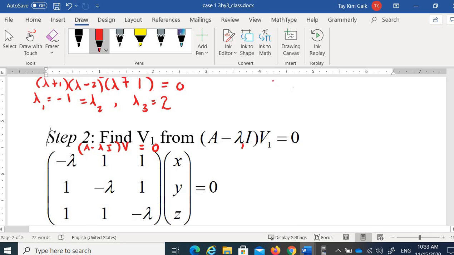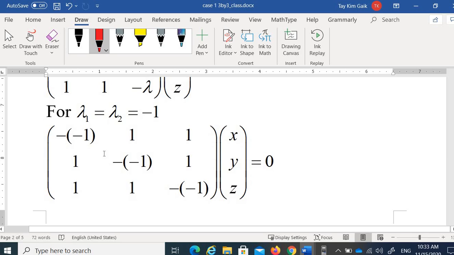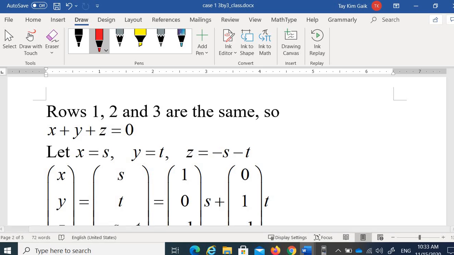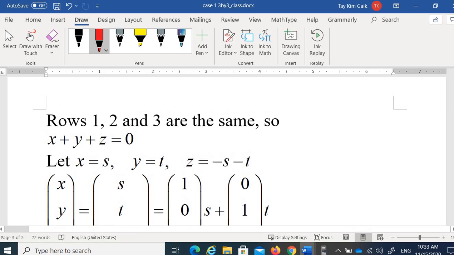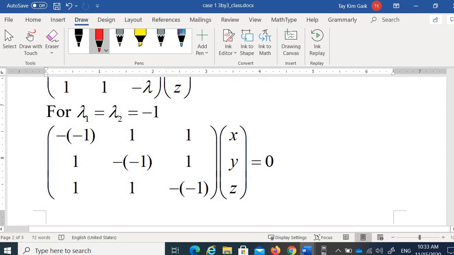After you plug in lambda 1 equal to lambda 2 equal to -1, each cell is actually 1.